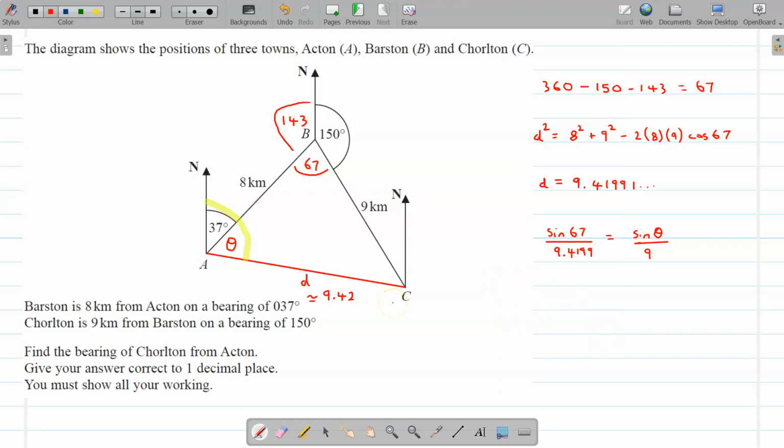So the next job is just to make a copy of that and show you, because I'm showing all my working because it asks me to do that. I'm just saving a bit of time, so I can just rewrite it again. Just take the 9 out of the way and put it in front of this, so I'm timesing that by 9. And that gives me the value of sine theta.